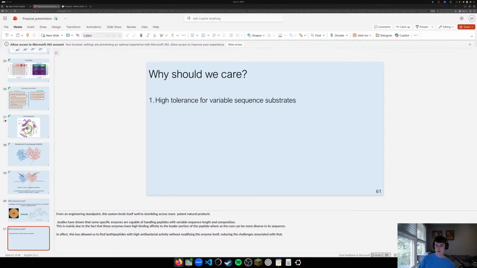From an engineering standpoint, the system lends itself well to stumbling across more potent natural products in a variety of contexts, ranging from antimicrobials to other applications.